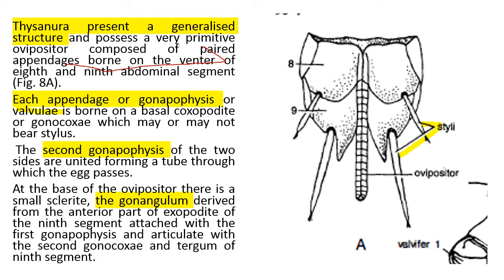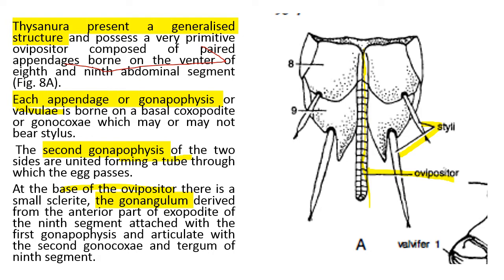The second gonapophyses of the right and left sides get joined with each other to form a tube through which the eggs pass and are laid. At the base of the ovipositor, as you can see, this is the base and this is the apex, there is a very small sclerite which is known as the gonangulum.